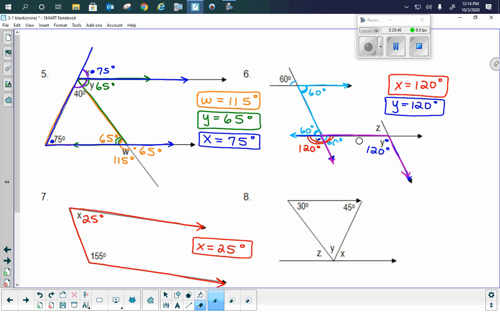Get rid of that so you don't think that I'm saying that they are equal, because they're not, but they are supplementary. And one more time, the Z and the Y are straight angles. I'm going to go with that. So if you take 180 minus 120, you will get that Z is 60 degrees.